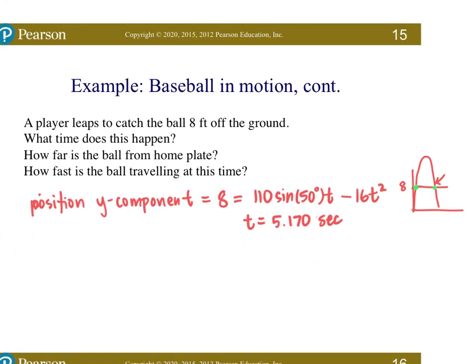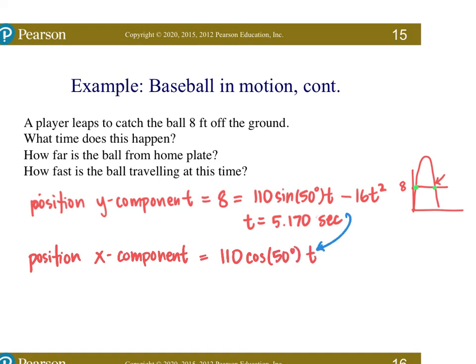Now the question is, how far is the ball from home plate? Now we're talking about the position x coordinate, or the x component. So we're going to take that time value, 110 cosine 50 degrees t, and we're going to plug this time value in, your alpha A plugged directly in.